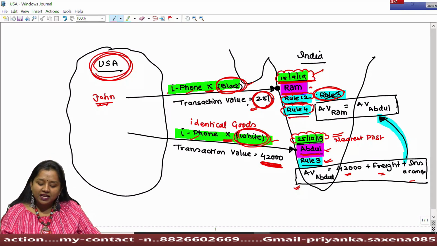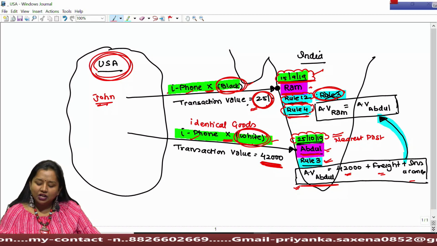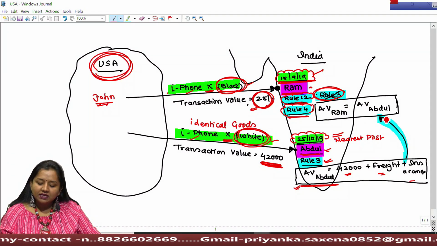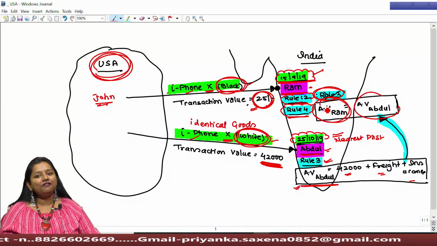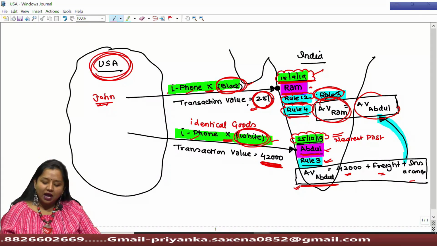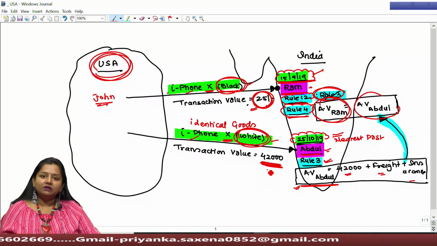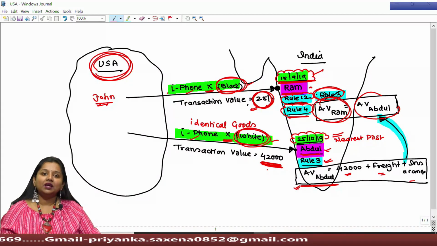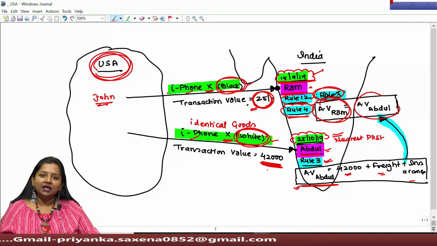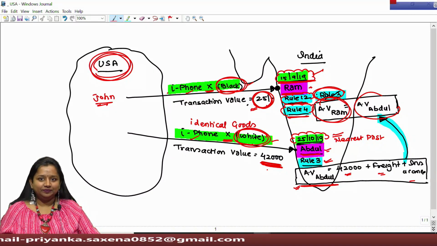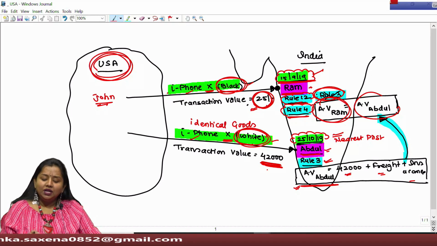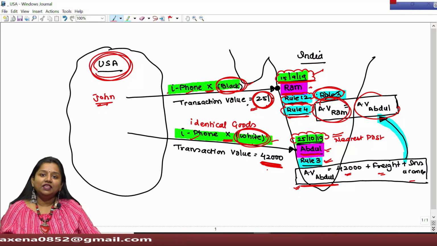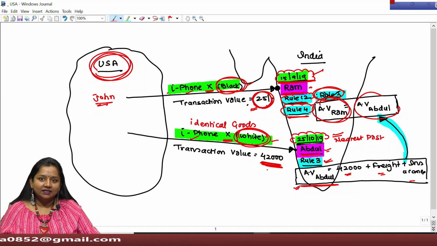So, Rule 4 says that whatever the assessable value of Abdul is shall be taken as the assessable value of Ram. Now, for Ram also, this 42,000 shall be considered, in which different additions under Rule 10 need to be added.